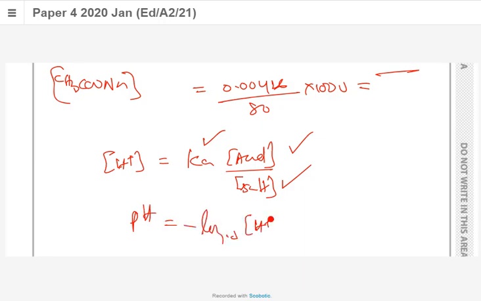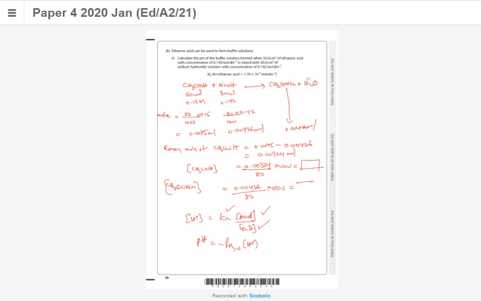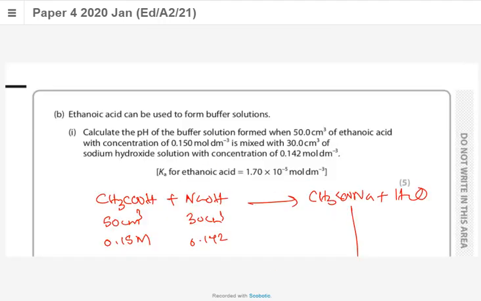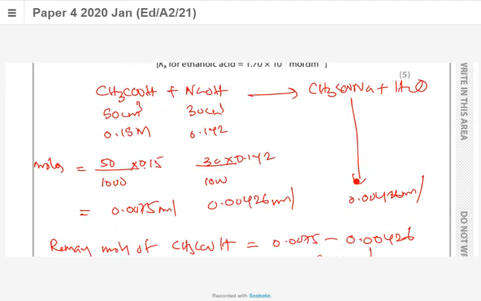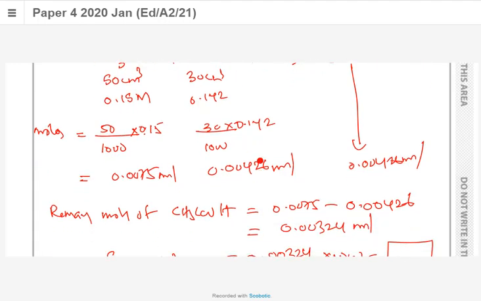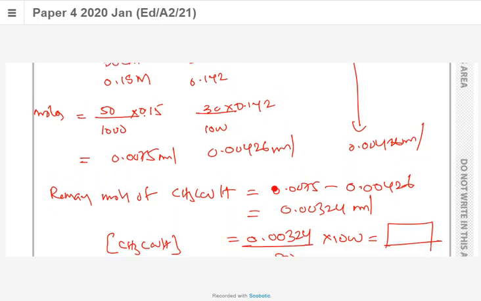We had done enough questions of this nature. Any questions here? You have to work out the concentration of the acid remaining and the concentration of the salt, both. Any questions here?